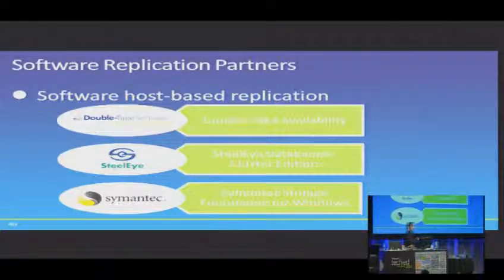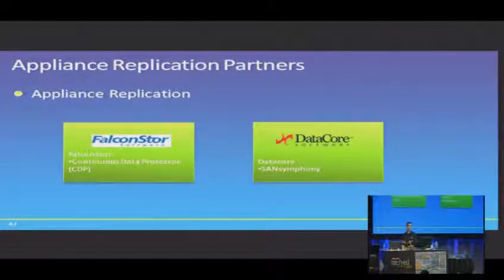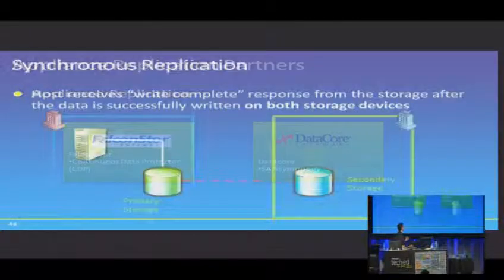It's not using the storage vendor to replicate the data, but instead is using an application inside the VM to replicate that data. Or you can use things like storage appliances where all the Hyper-V servers hit the storage appliance, and the storage appliance determines where those virtual machines are stored, the LUNs they're on, and it handles things like replication and moving things around. So there are other ways of doing it that way.